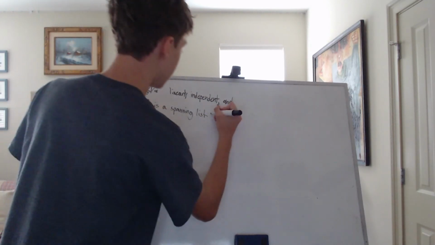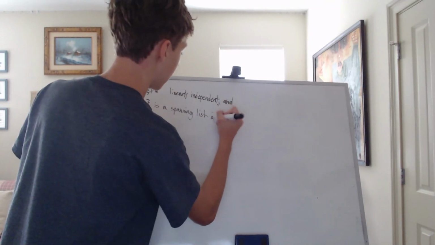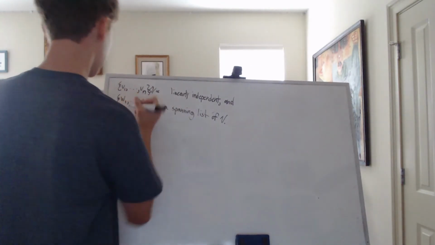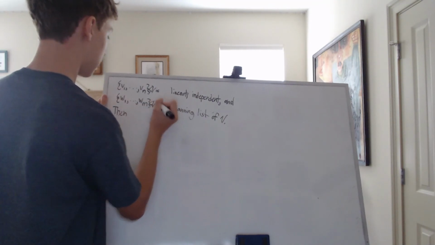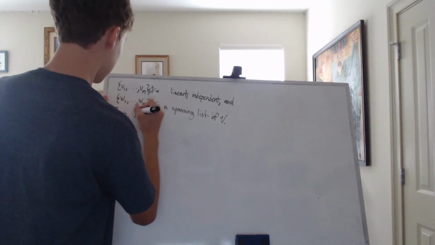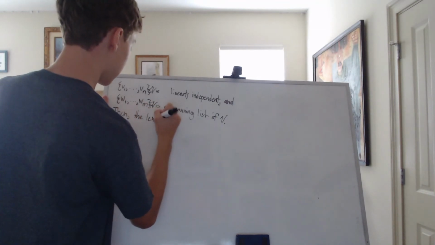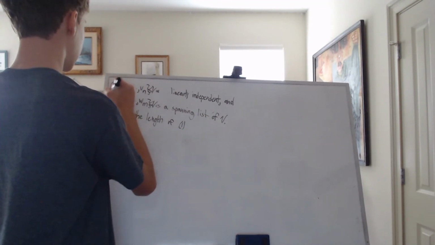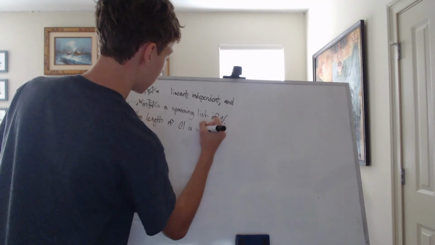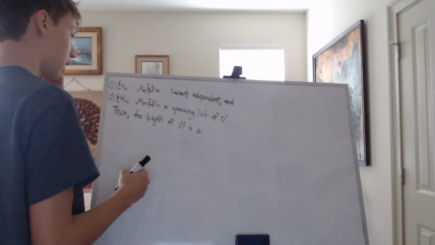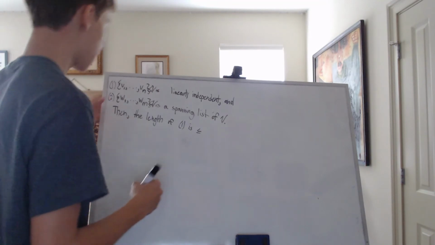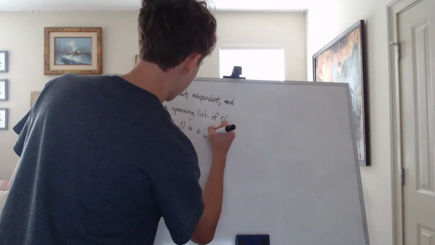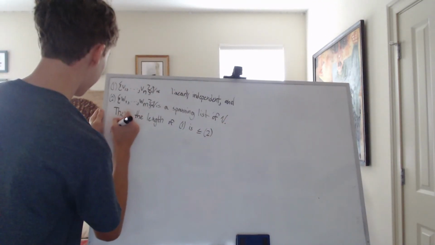These vectors span V, so it is a spanning list of V. Then the length of v1 through vn, a linearly independent list, is less than or equal to the length of w1 through wm. So, proof.